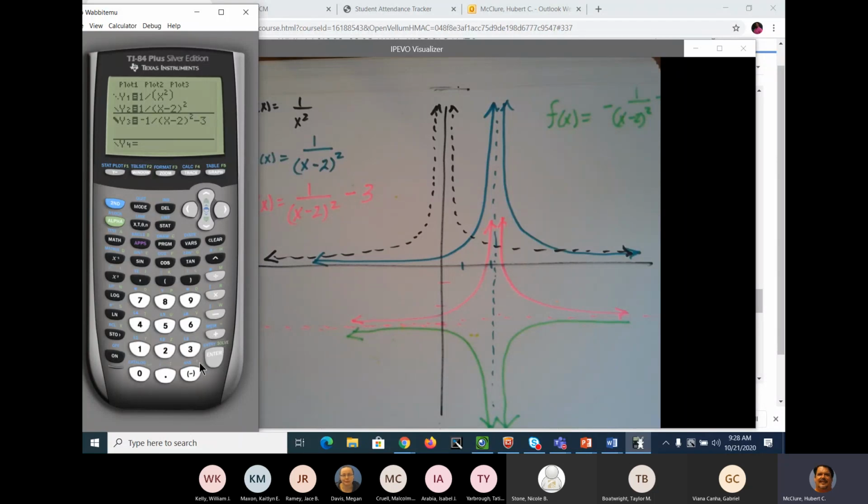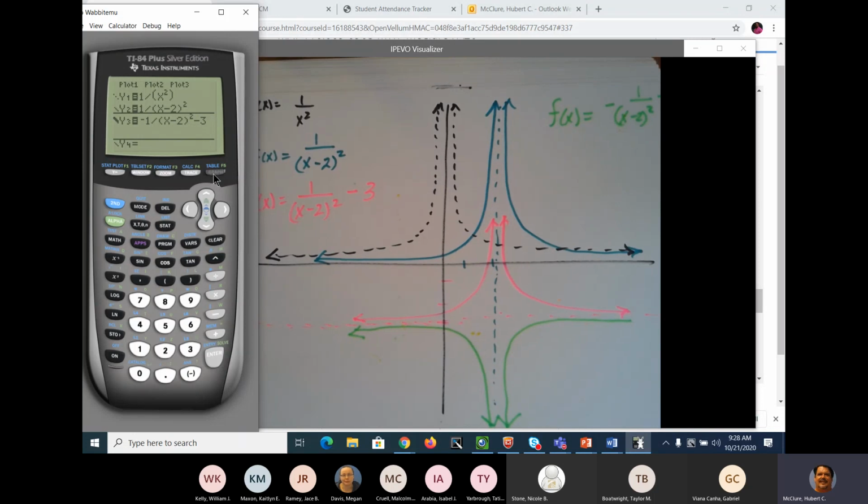All right, so if you put all this in your calculator, you're going to see the original. There's the original, and then it moved over two to the right, and you see it'll graph it for you. So you need to be utilizing your calculator in 5.1 and 5.2, as well as what you've learned with the vertical and horizontal shifts.